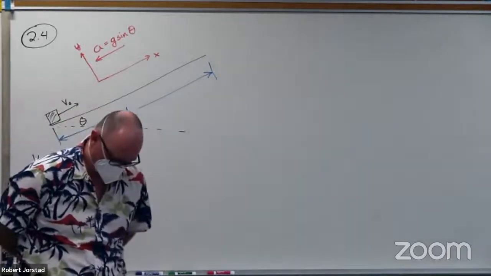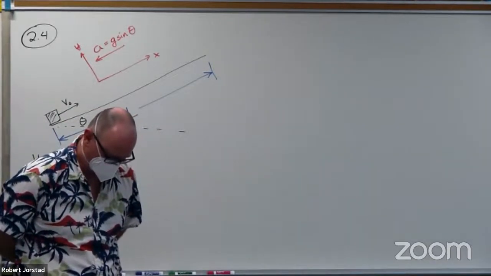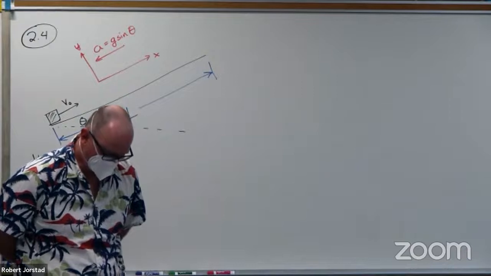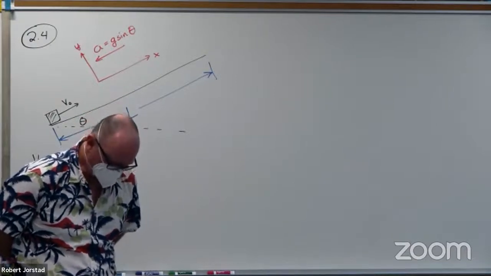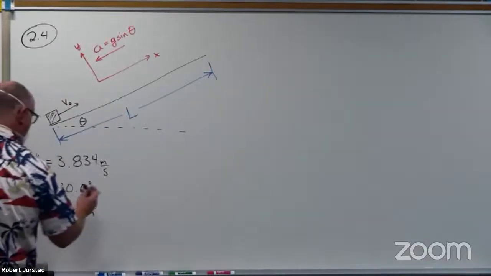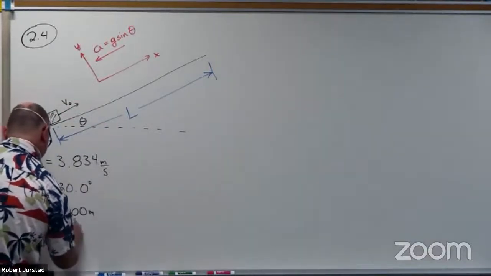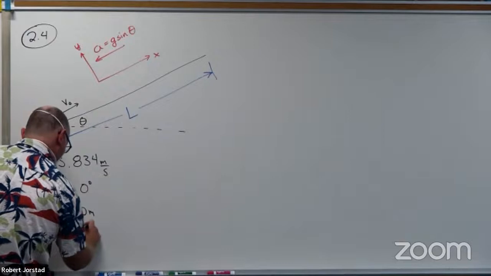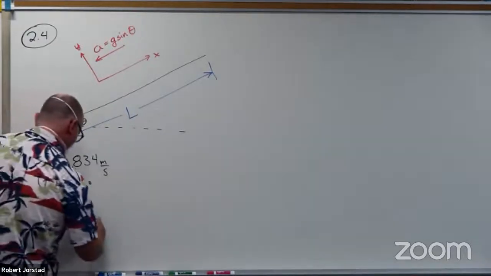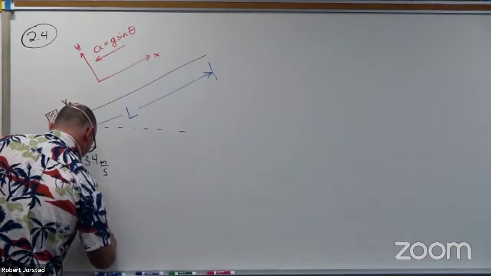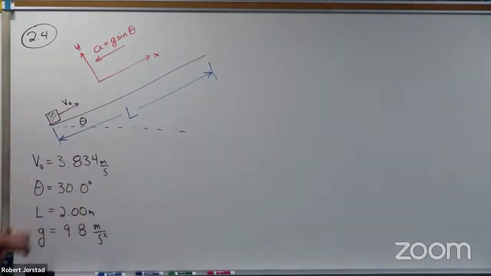Okay, block is kicked. After the kick, it moves with this speed. Got it. The acceleration is g sine theta directed down the ramp. I guess we know g is 9.8, right? Some of you are like, shouldn't it be 9.81 or 9.806 or 9.79? It depends where you live in the world. Who cares? It's approximately 9.8 for this section of the class. Some of you might say, I used 10 in high school.